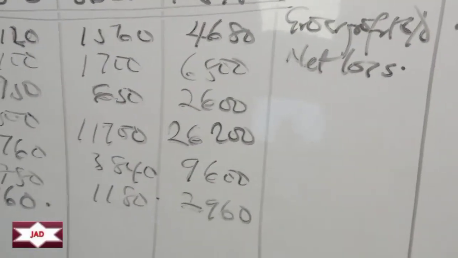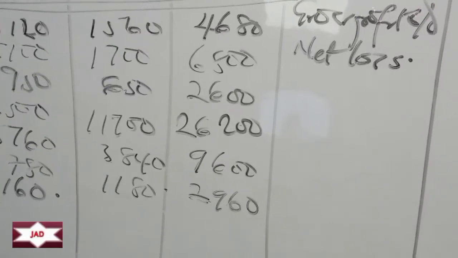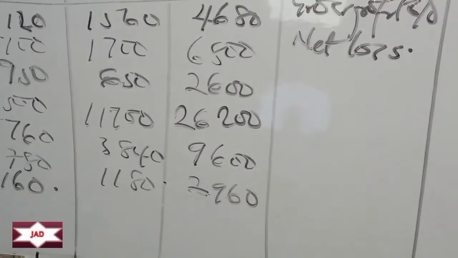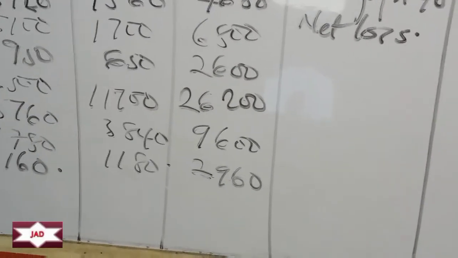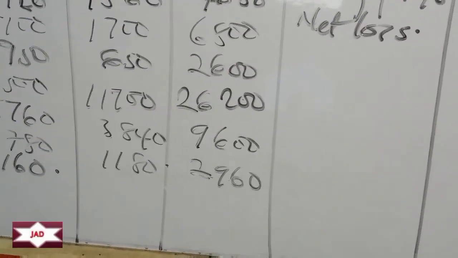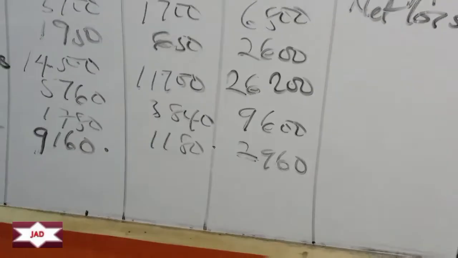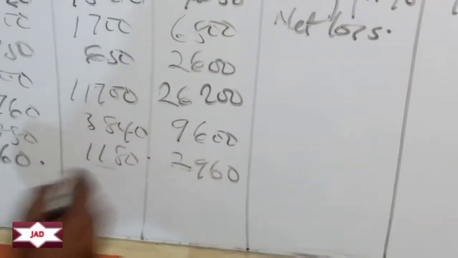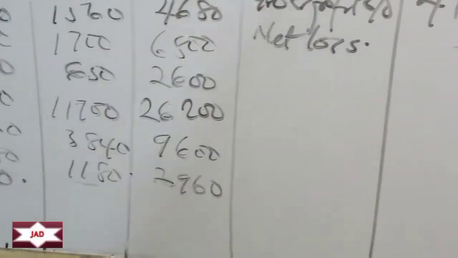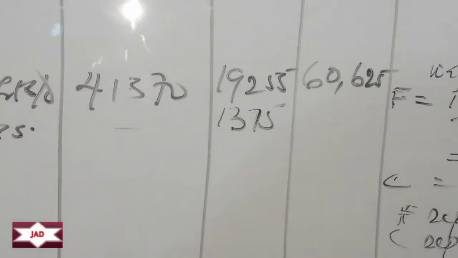Total column, we have 4,680 plus 6,800 plus 2,600 plus 26,200 plus 9,600 plus 2,960. So that's 52,840 as the total. So basically, if you take that out of total profit for the year, that will be 60,625 minus 52,840.